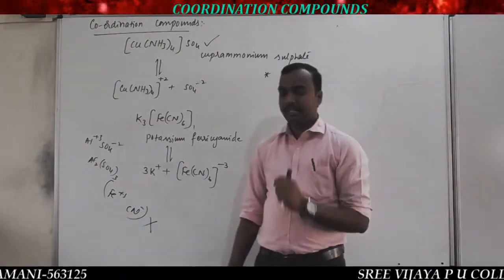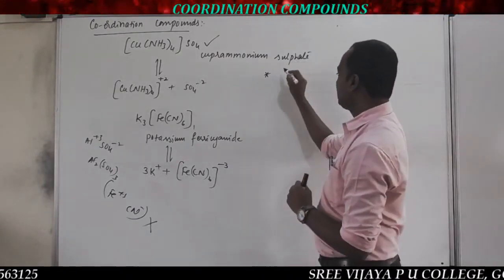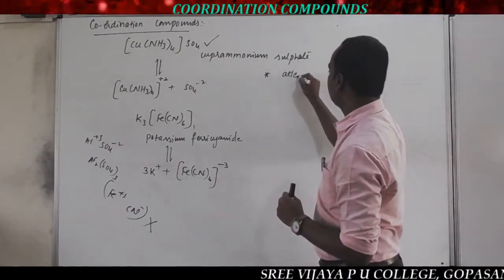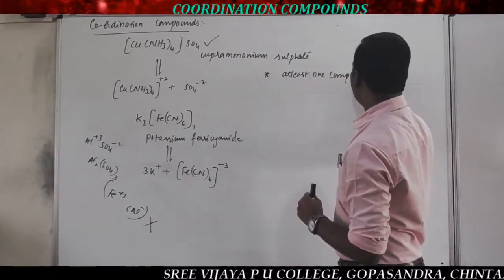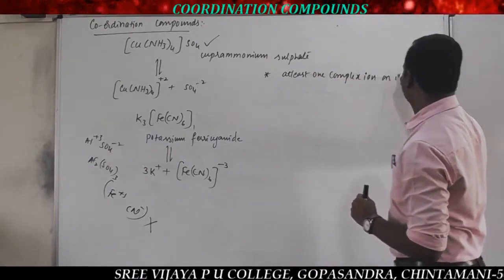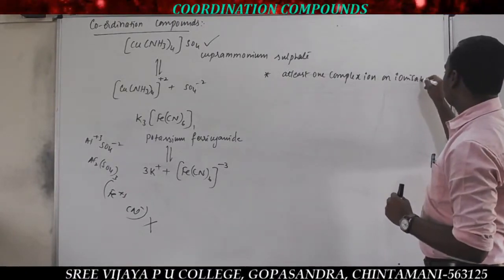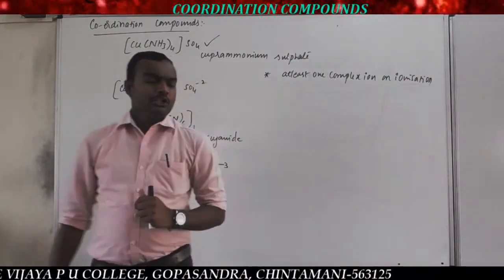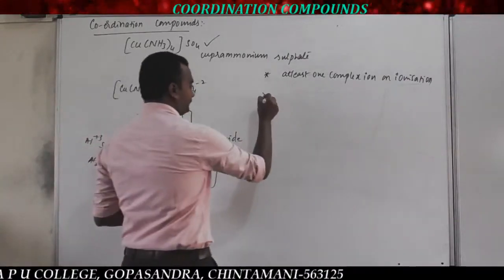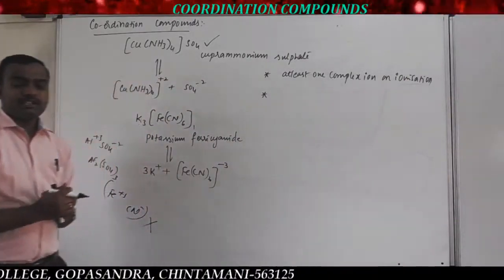Second characteristic: it gives at least one complex ion on ionization, in a particular solvent like water. And the second one is the test for all the ions.